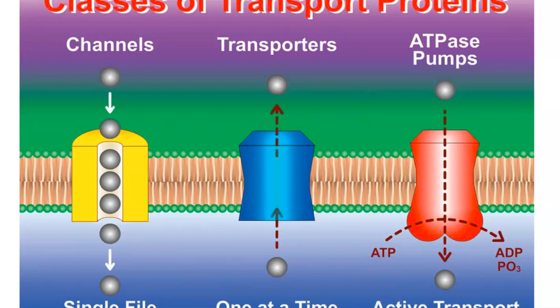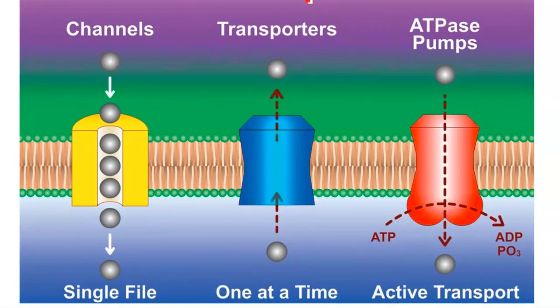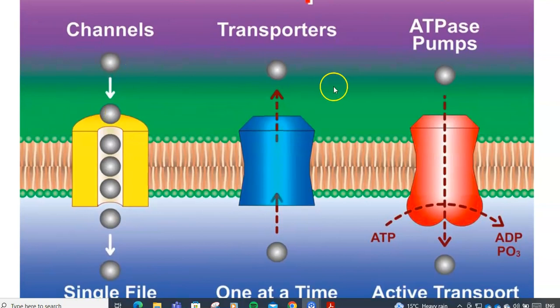So as I mentioned, there are transport proteins in the cell membrane. Here we've just got three. There's a channel that looks like a molecule going from the outside to the inside. So this could be facilitated diffusion.